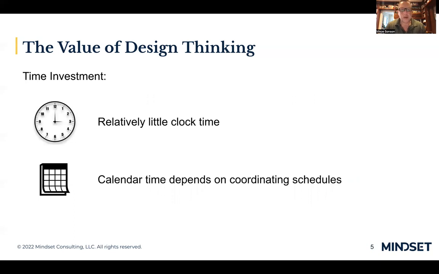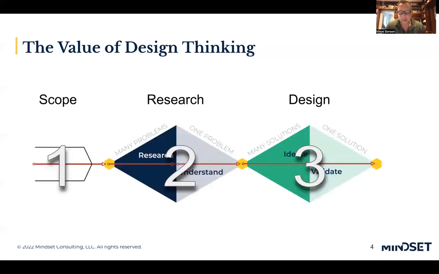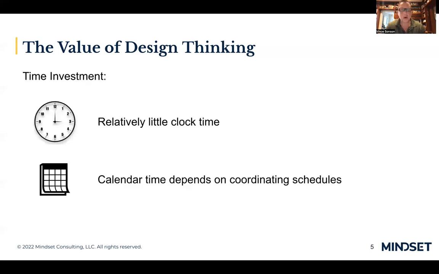Quickly moving along, that three-step process that we just talked about does not require a whole lot of time investment from a clock time perspective. When you talk about business stakeholders and getting them involved in the workshops inherent in that process, it's maybe 6 to 8 hours, maybe 10 hours of an investment spread out over a few days.